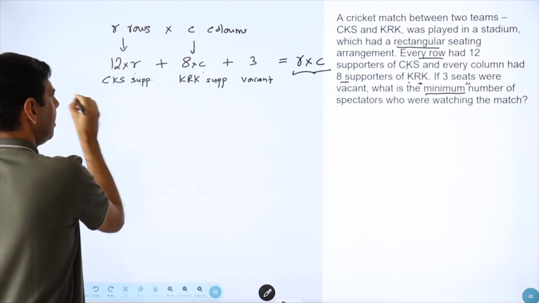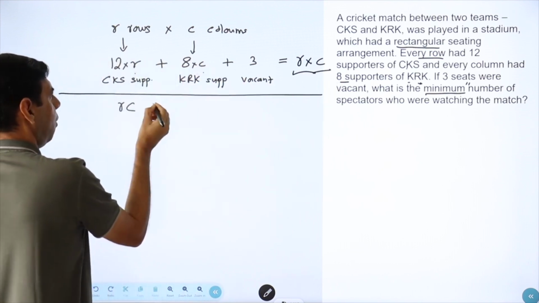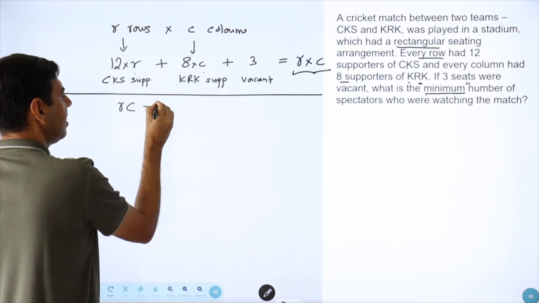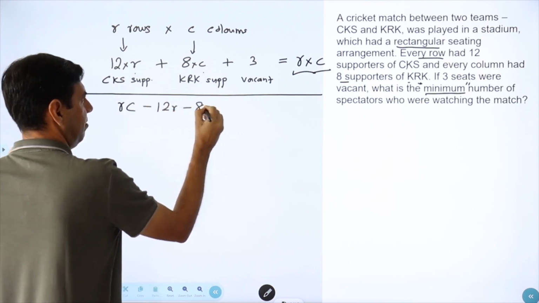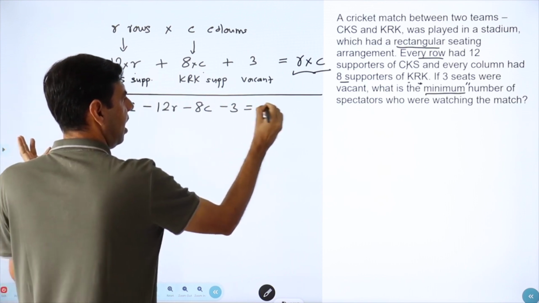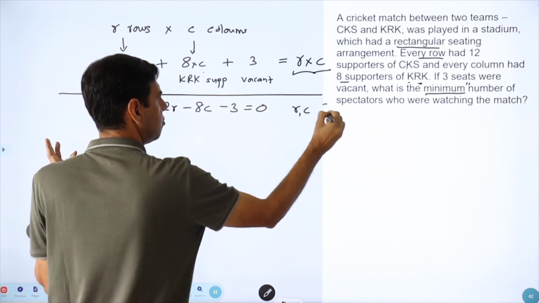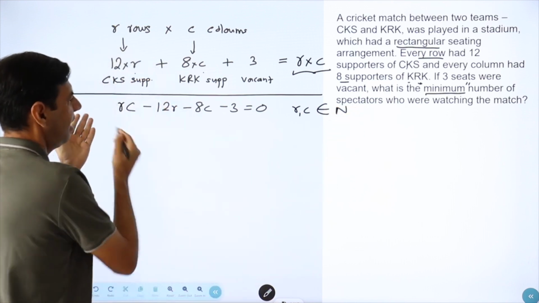So we get a pretty nice equation, an equation which has A into B terms. From your theory, you should know. Now it makes a jump into how you solve this, knowing that R and C have to be natural numbers. Rows and columns can't be fractions.